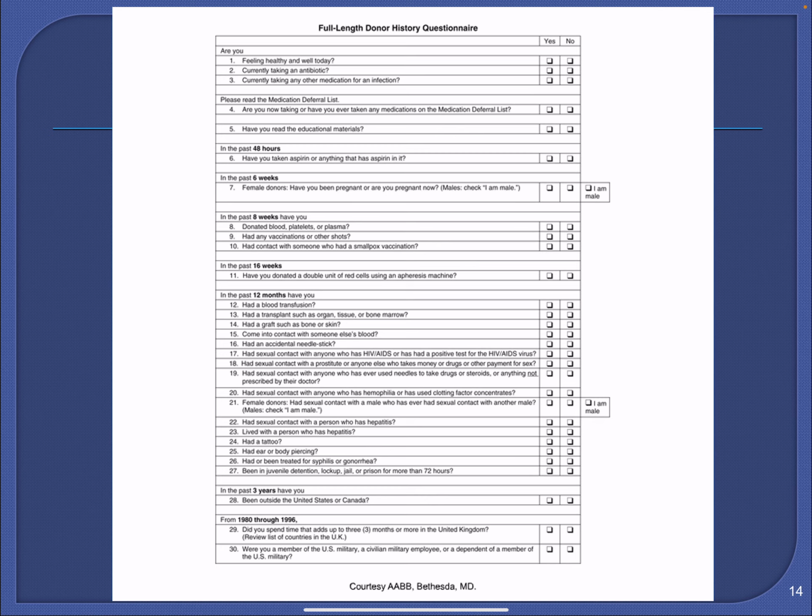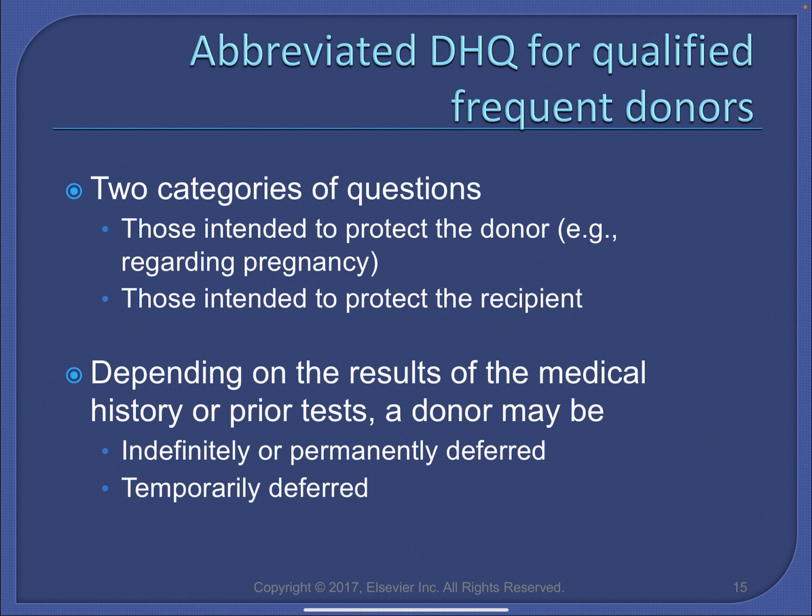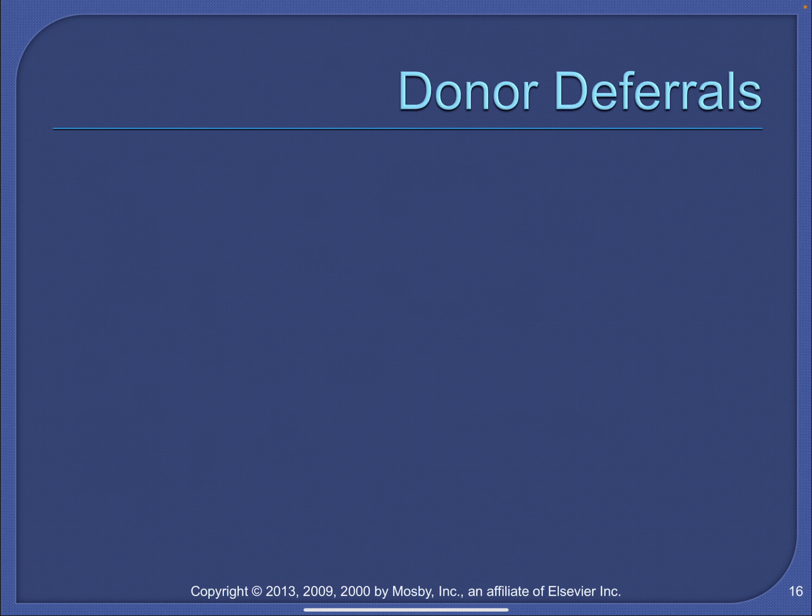Also some information about the past and where the donor has lived, so whether they lived in the UK, whether they lived in certain endemic areas. If it's a female, they would have to answer whether they're pregnant at that particular point or not, if they've had any infectious diseases and things like that. Okay, so the DHQ could be modified depending on the decision by the medical director, but it is a document that's provided by the AABB and it is approved by the FDA.